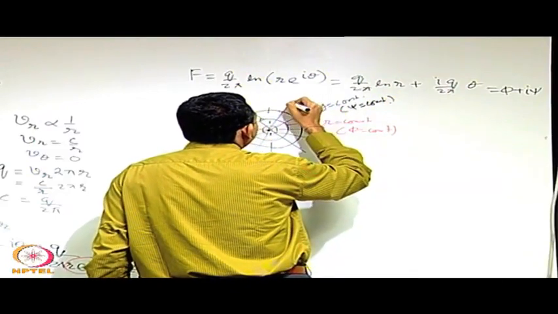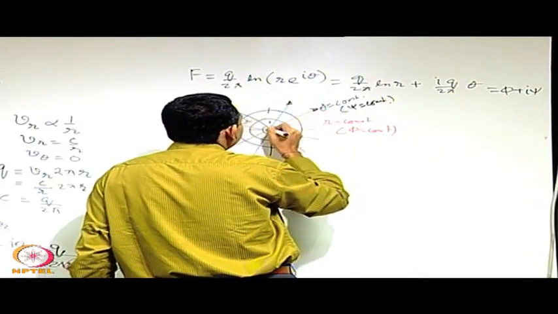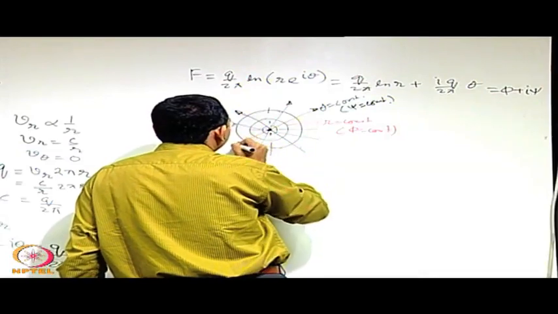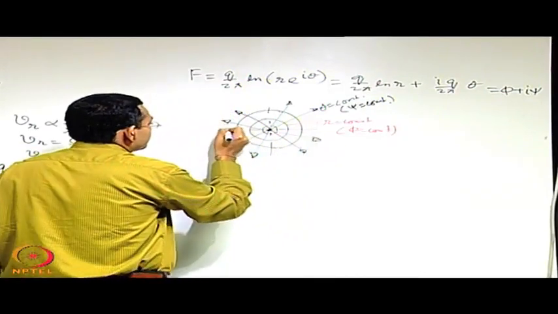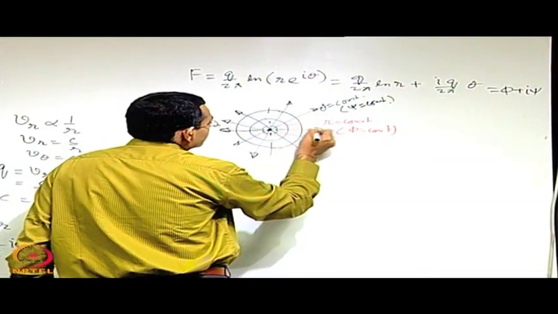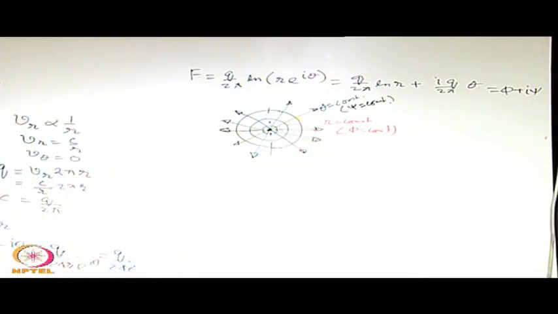So you can see that physically it represents a source at the origin, and there may be flow like this. So you can see that the shape of streamlines gives you an intuitive idea of the nature of the flow.